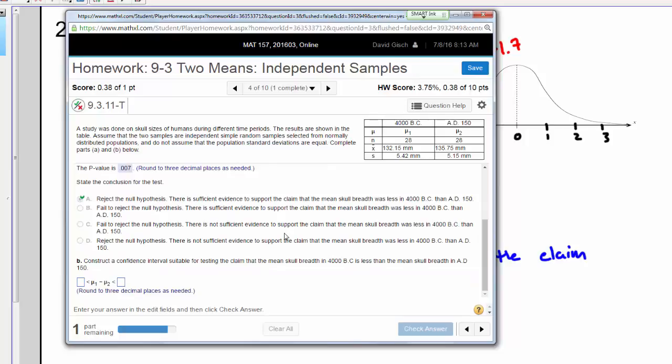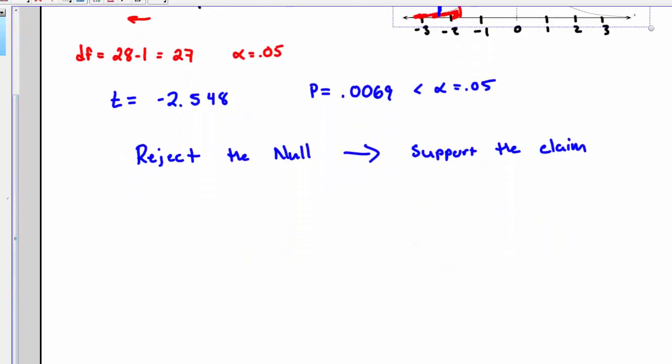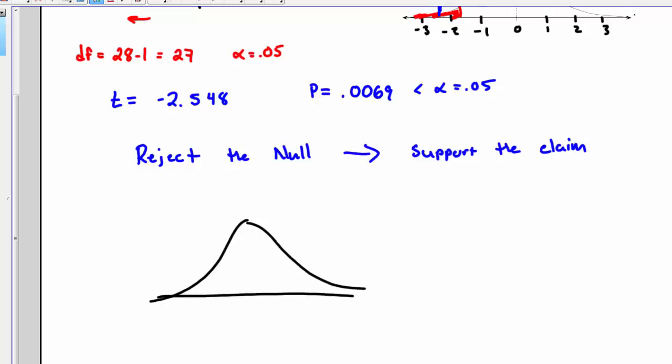All right, now they want us to construct a confidence interval. So just real quickly, if I jump back over here, let's make sure we understand the confidence level idea. So they didn't give us a confidence level, but the idea is if we're going to link this to our hypothesis test, which I don't really like doing, but if this is 0.05, confidence intervals are symmetric.